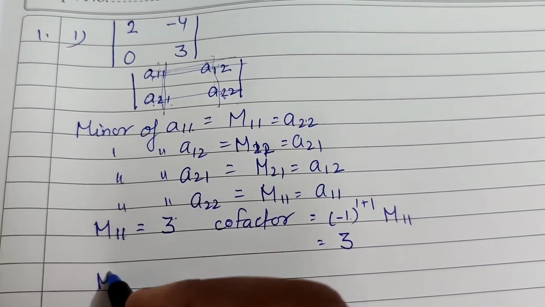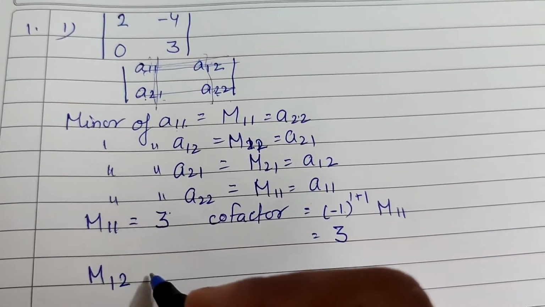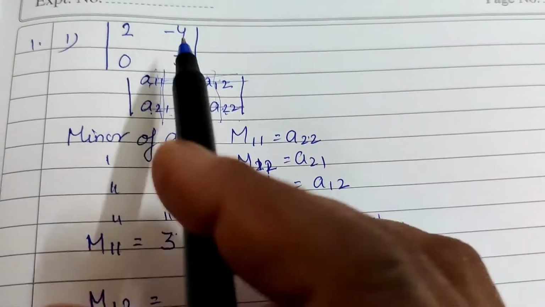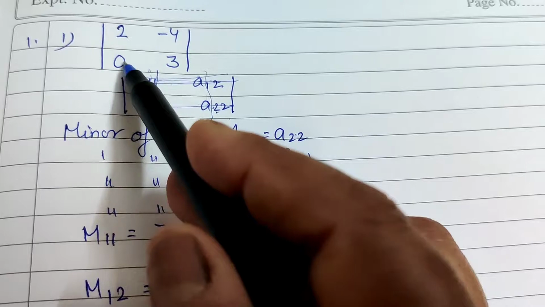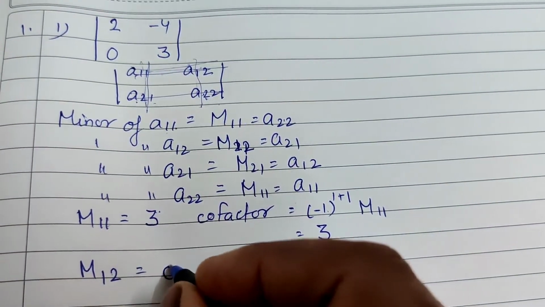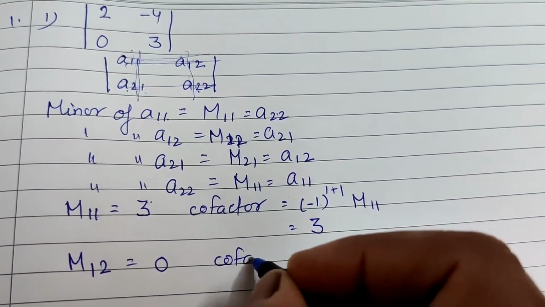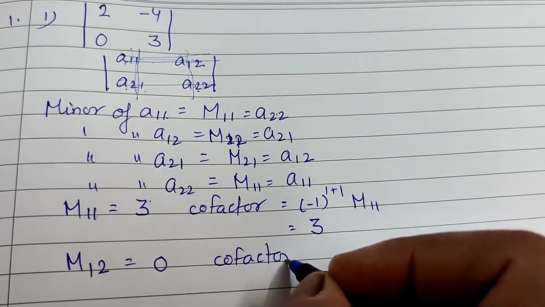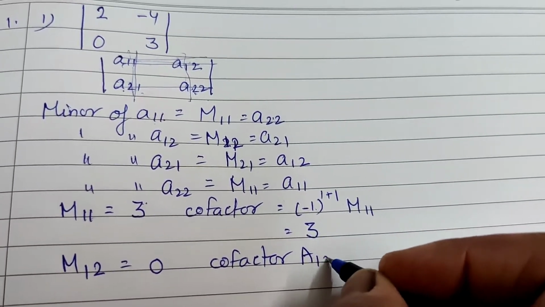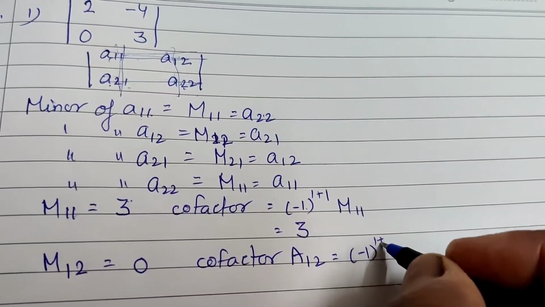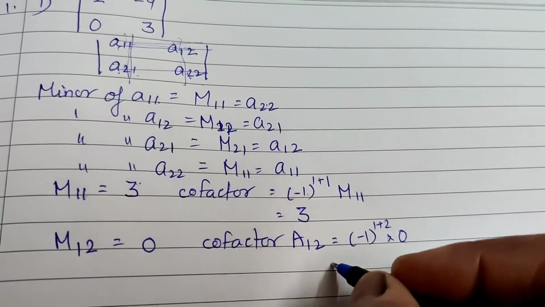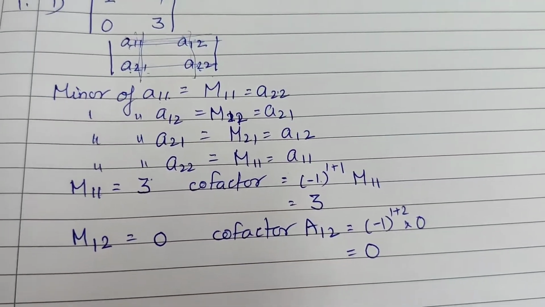Next, M12. M12 means first row, second column. It is 0. Now the cofactor A12 equal to minus 1 raised to power 1 plus 2 into 0. It is 0. Okay.